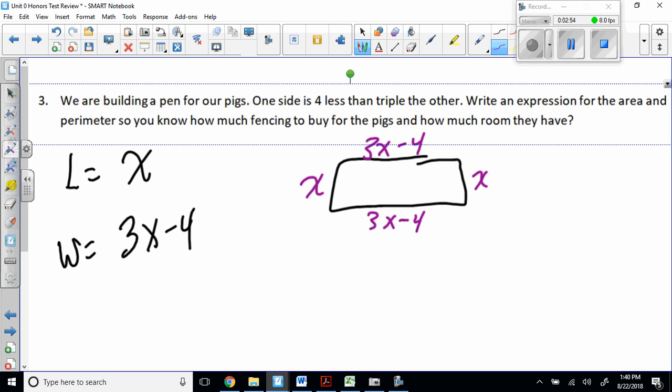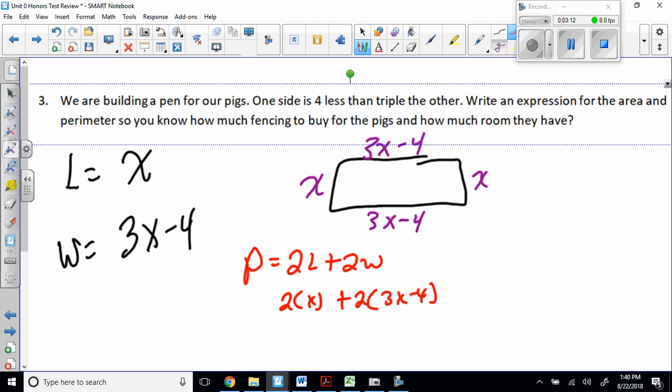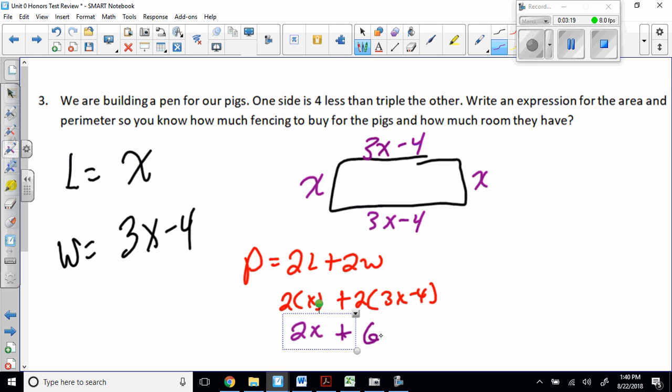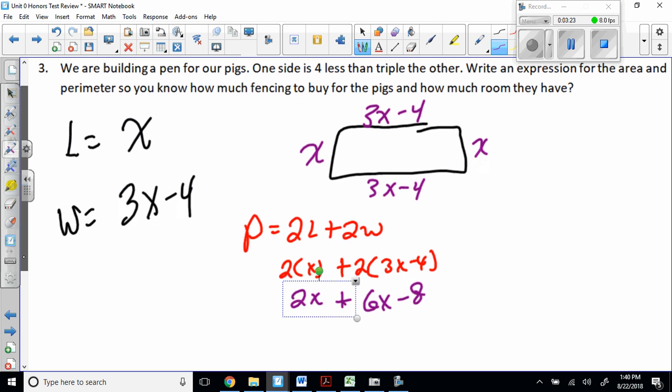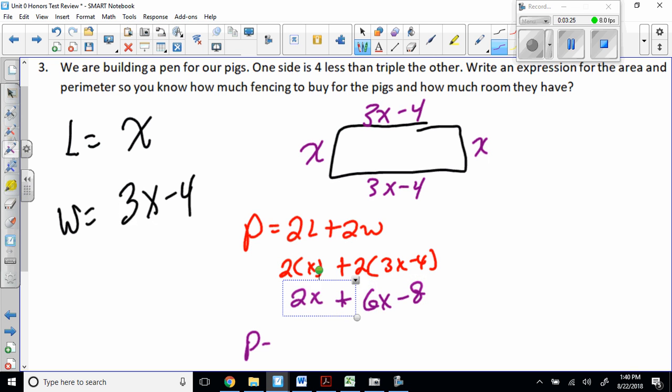Now, we talked about the other day that we were going to take perimeter and make it 2L plus 2W, right? Didn't we talk about that? So we're going to say, well, that's 2 times X plus 2 times (3X minus 4), right? And in doing so, this is a wonderful thing. 2X plus 6X minus 8. And ladies and gentlemen, what must we do? Combine like terms.